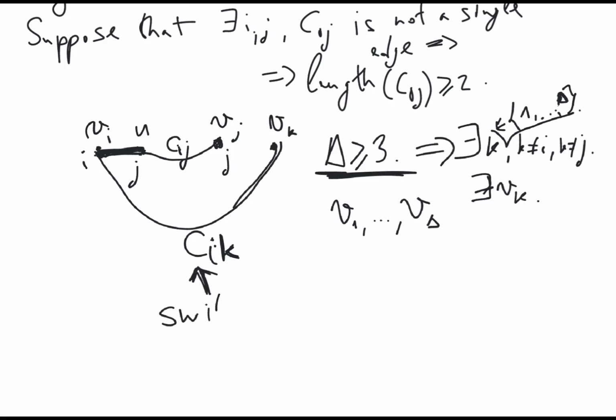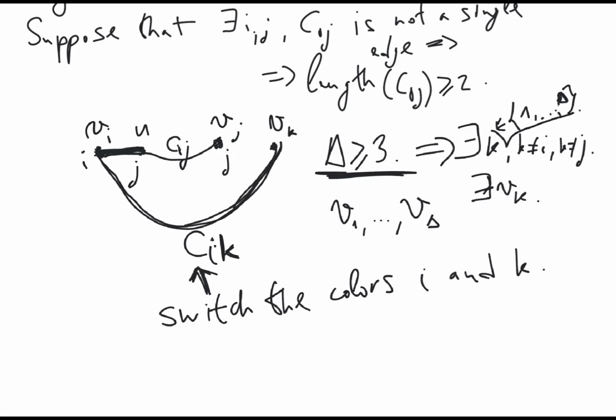In this path Cik, we will switch the colors i and k. We can always do this because all the vertices of colors i and k are on this path, because we proved that.